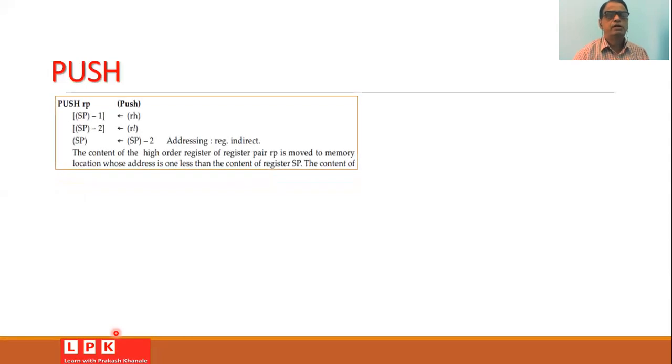So let us understand one by one how to write these instructions. The first instruction that we are going to discuss is the PUSH instruction, PUSH followed by RP, that is the register pair.